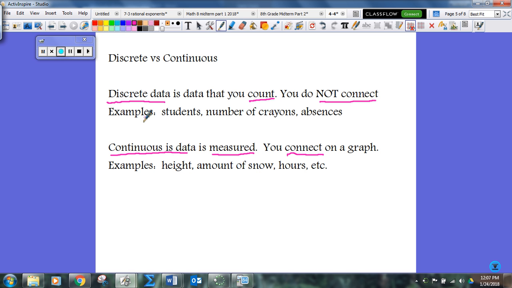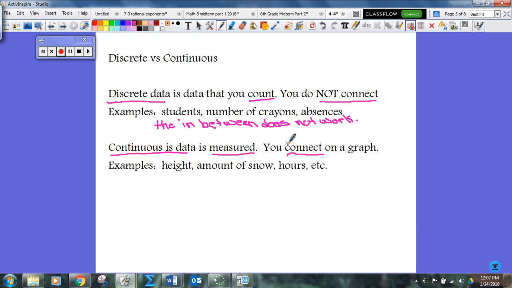Now another way to think about it is discrete data, the in-between values do not make sense. So the in-between does not work. So what I mean by that is, if I had one hat, that makes sense.